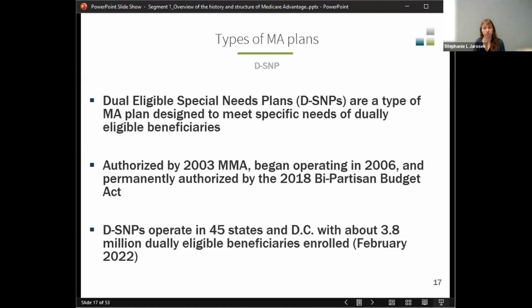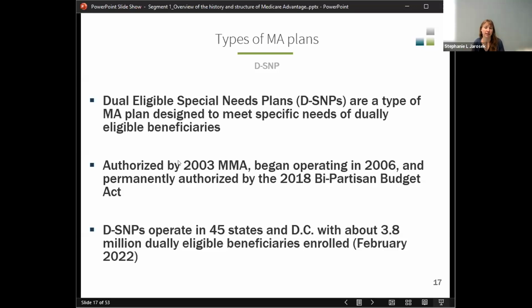They may be eligible because of income or special needs, like a disabled child. In that case, someone can enroll in a special needs plan, where their Medicare and Medicaid services are covered by the same plan.